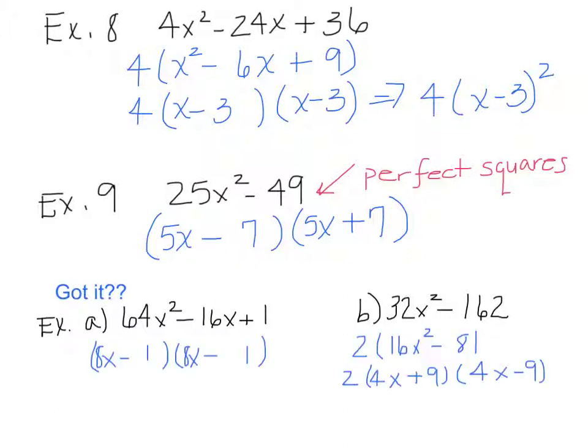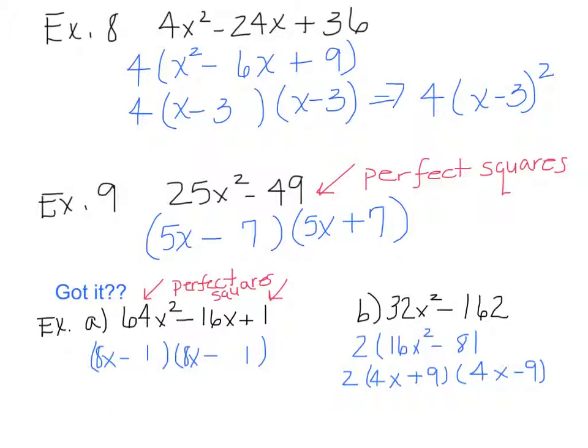Okay, these two are a little tricky. For example A, there was no common factor. However, 64 and 1 are perfect squares. And the square root of 64x squared is 8x, and the square root of 1 is 1.